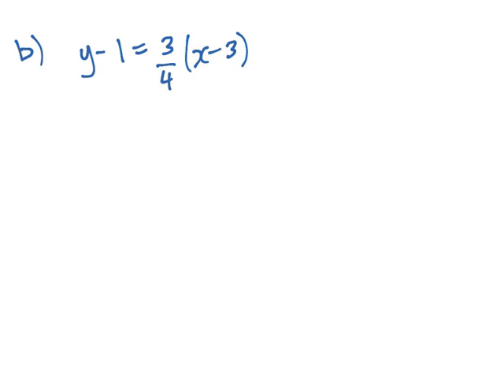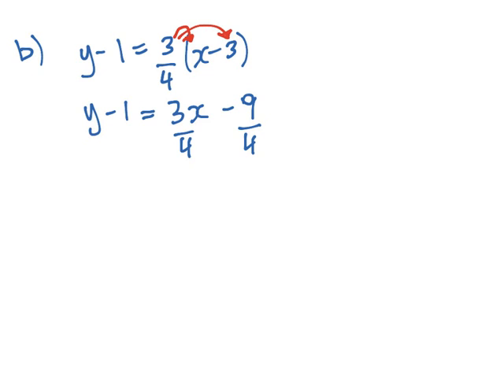How do we expand? We have to distribute the 3/4 to the x and to the -3 by multiplying. 3/4 times x is 3x divided by 4. 3/4 times -3 is -9 over 4.